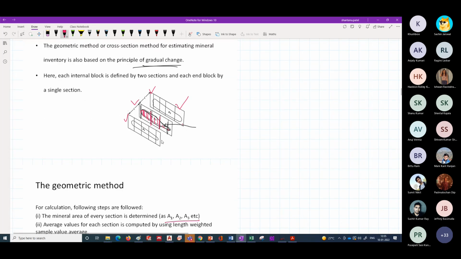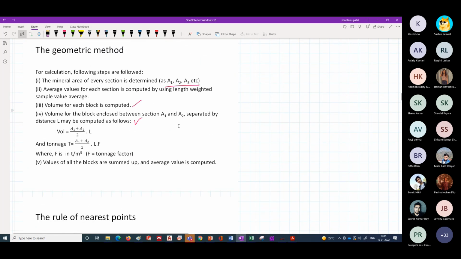So this is the first block, between A1 and A2. If you want to calculate the volume of this ore, you can use the average of the areas, A1 plus A2 by 2, into the distance between the two cross sections.